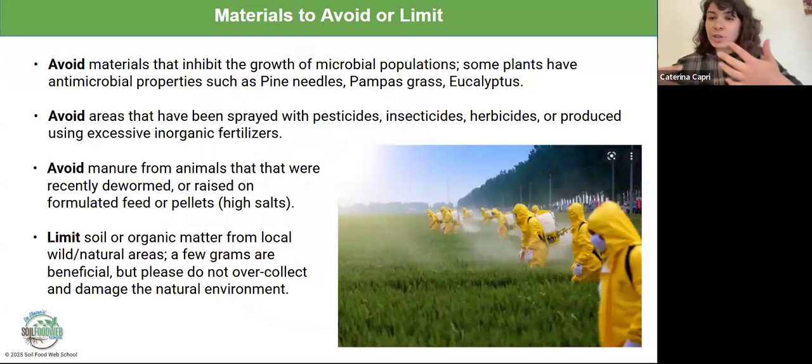In changing conditions, especially the ones we're facing right now, we need to have diversity. And diversity is sort of auto-selected in the context. So sourcing from around you speeds up this process, because you're already selecting microorganisms that are able to thrive and exist in the context you want them to.